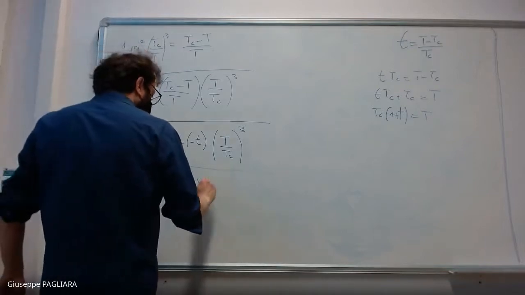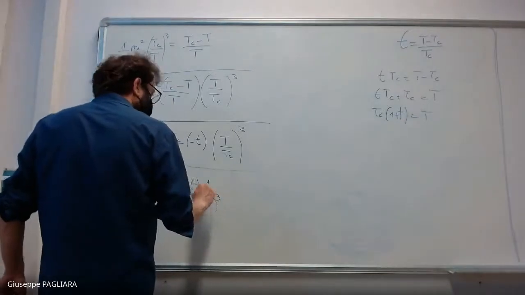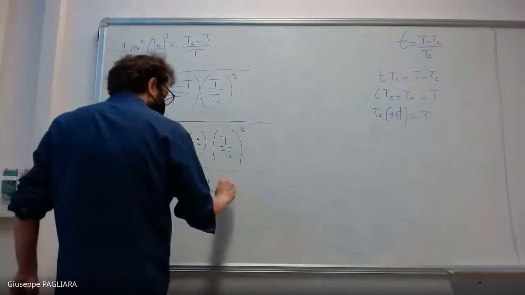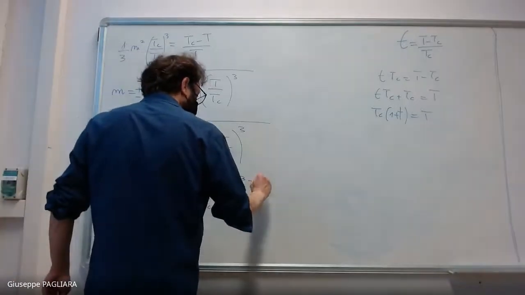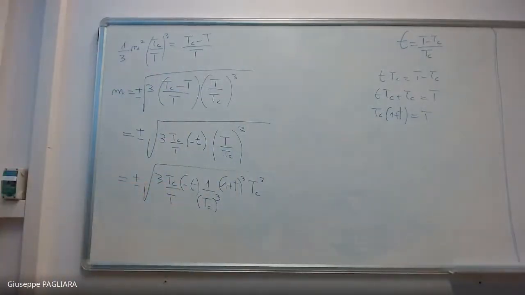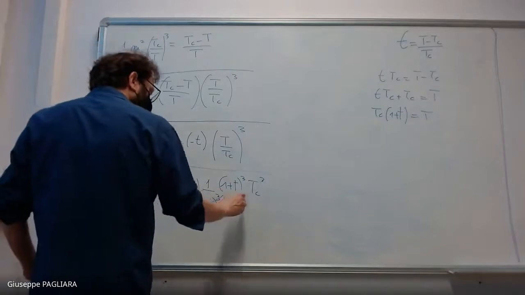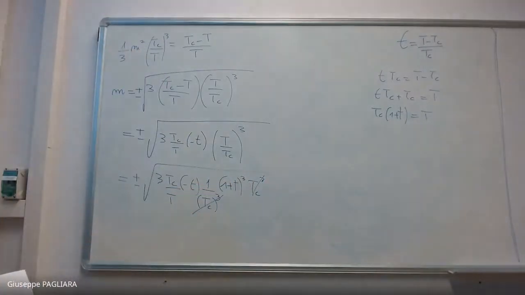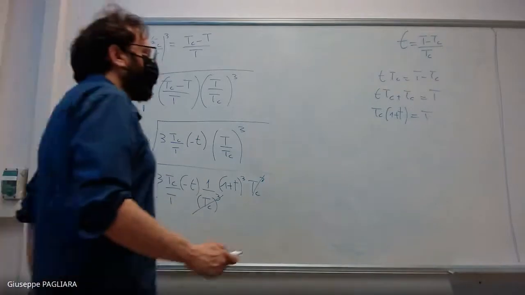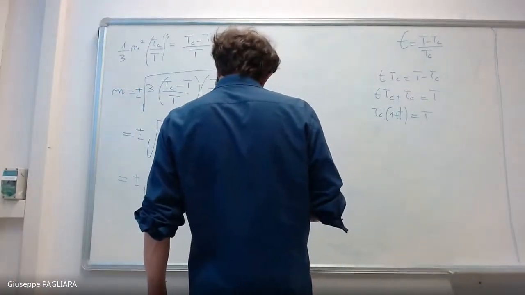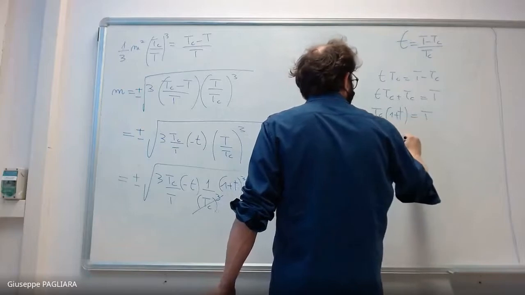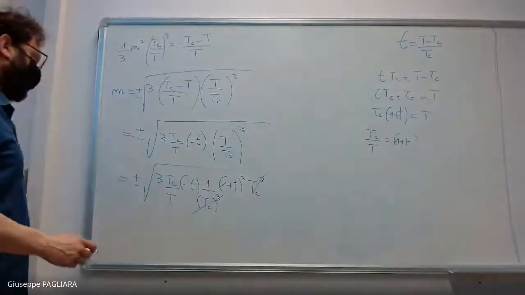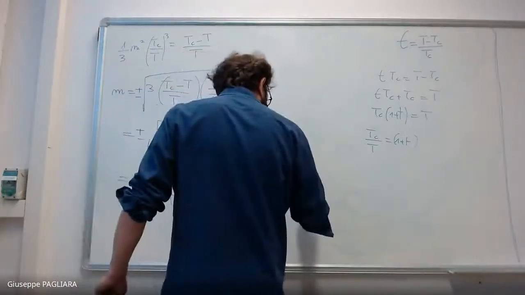And then I have 1 divided by Tc cubed and T cubed, which is 1 plus t cubed. So this drops, and this drops. And I think that now I can also write Tc divided by T. Tc divided by T is 1 plus t.